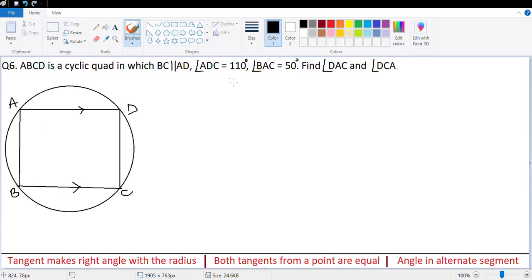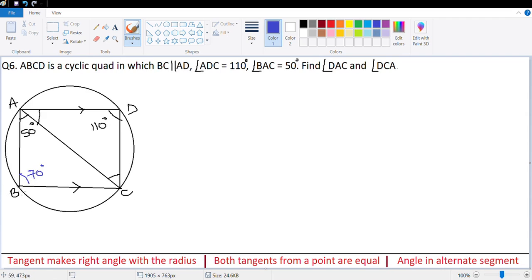Angle ADC is equal to 110 degree. Angle BAC, which means this angle is equal to 50 degree. We need to find DAC, this angle, and DCA, which is this angle. These are the two angles that I need to find. So if this is 110, this angle would be 70 degree.